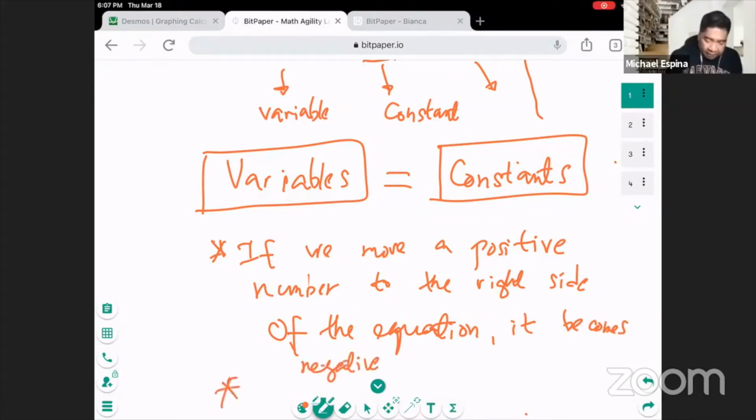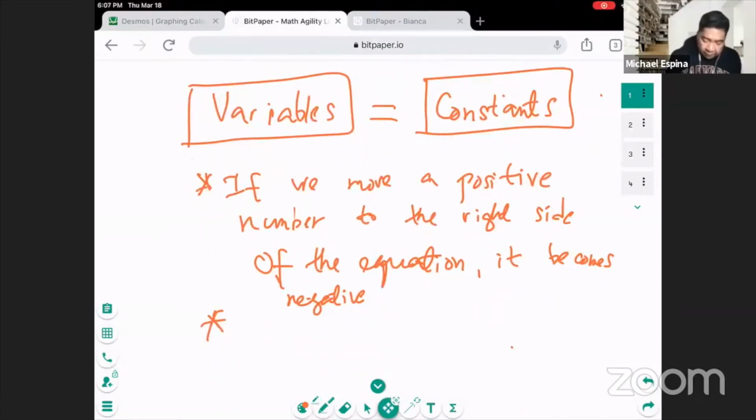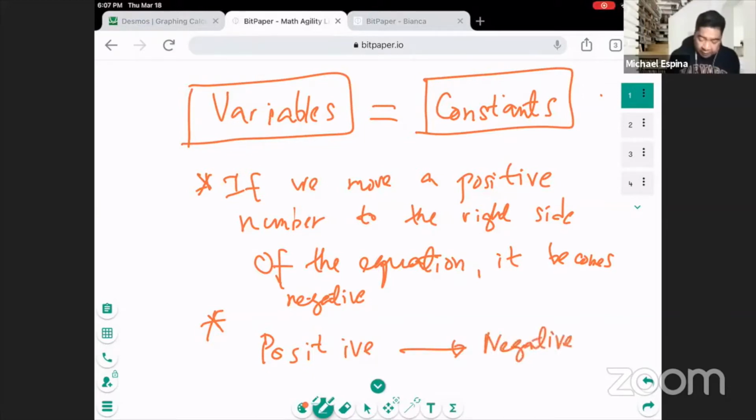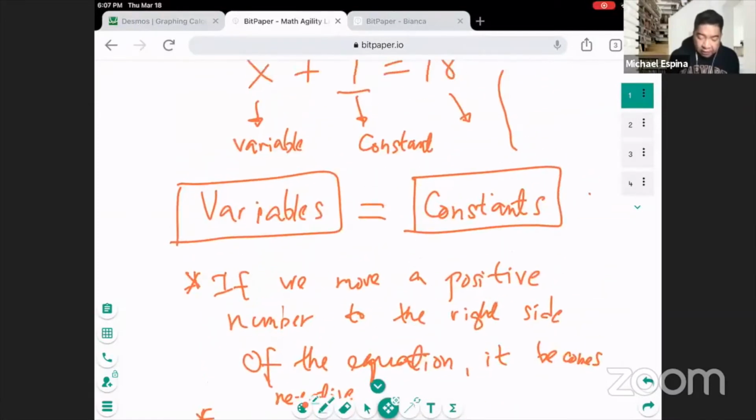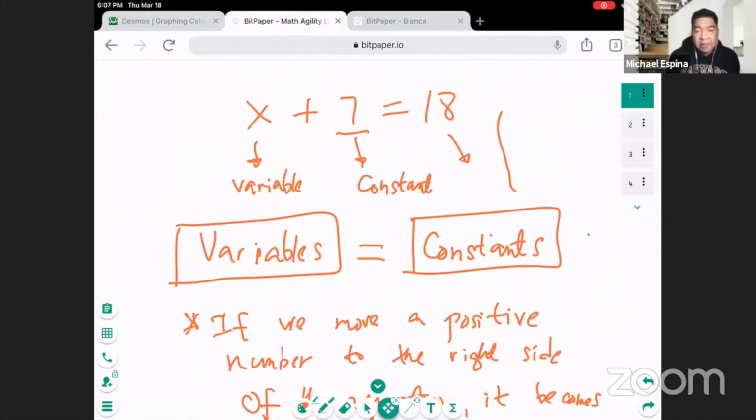So if 7 is not in its correct position, and we move a positive number to the right-hand side of the equation, then positive 7 would become negative.